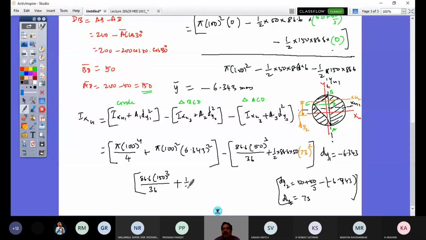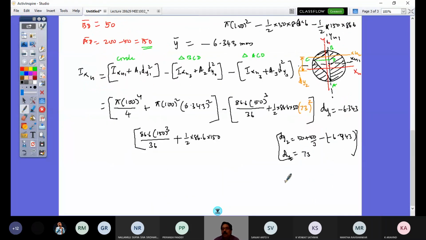area is half into 86.6 into 150, and dy3. So how do you get the dy3 value? You get it simply, it is measured from here. See, this xg1 axis, whatever is there, is the same for xg3 also.